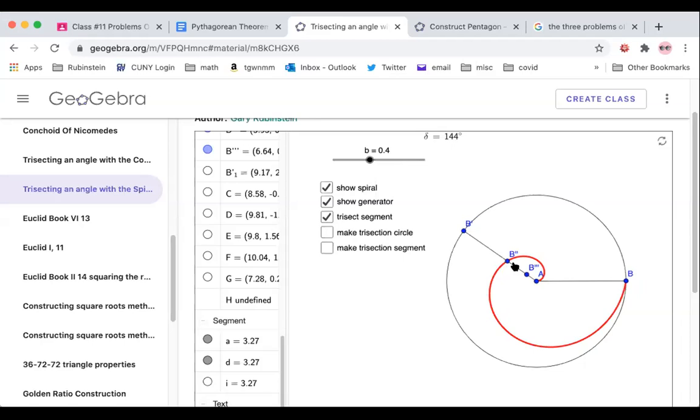Now you don't need both points of trisection, just the one closest to A. So this AB with all the primes on it is 1/3 the length of this segment A to this B. Step 2 is make a circle with center A that goes through that little B.